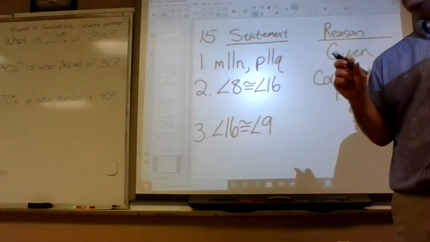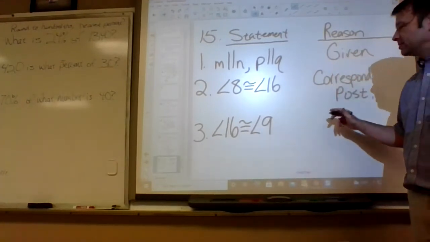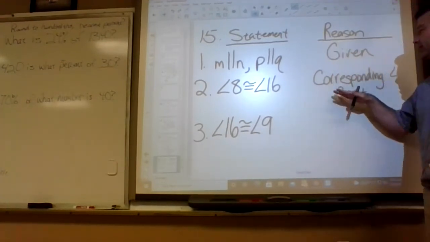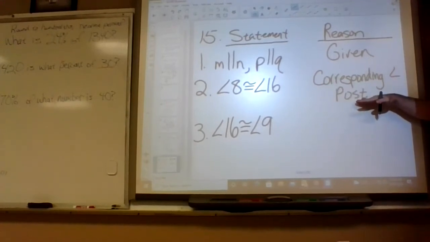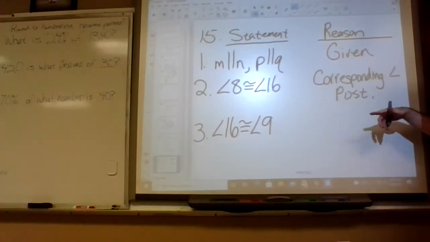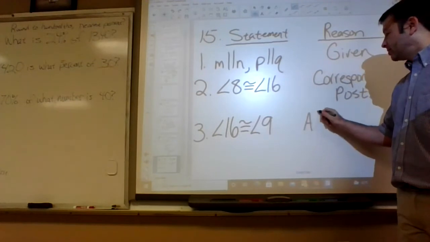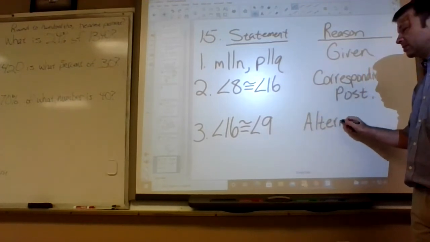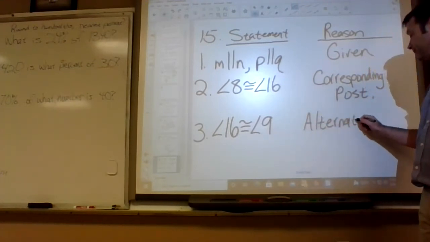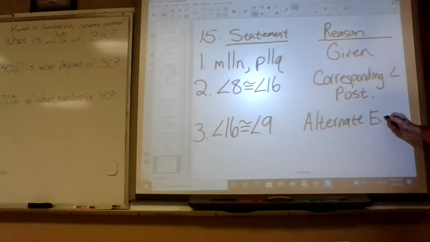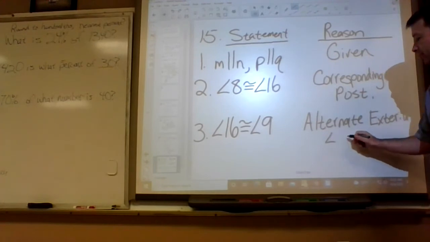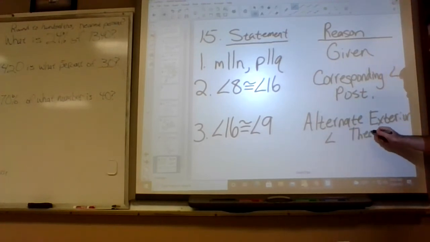Guess what that's called? It's actually a theorem. The only postulate is the corresponding angle one, all the rest of them are theorems. So it's called the alternate exterior angle theorem.